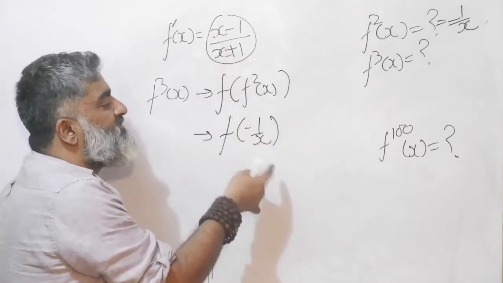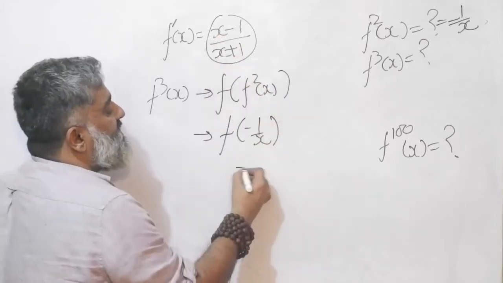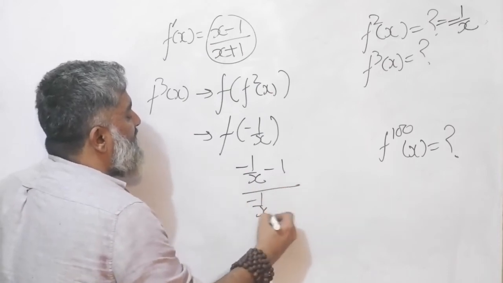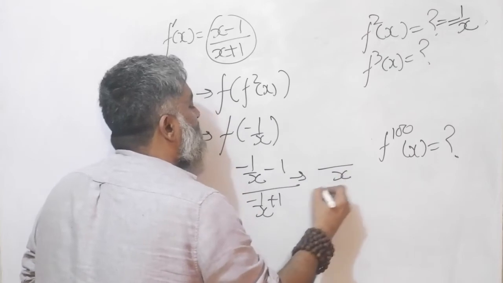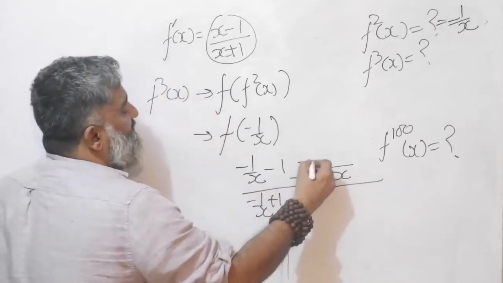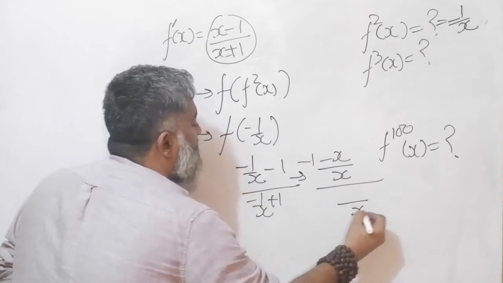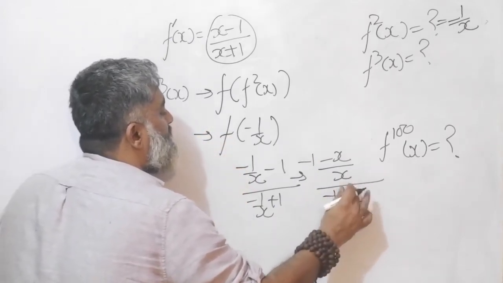So the same thing, but with a minus 1 by x. So I'm putting a minus 1 by x here. Minus 1 by x minus 1 and minus 1 by x plus 1. Figure this story out. The denominator will be x. I will have a minus 1 and a minus x. Again, the denominator would be x, and I would have a minus 1 and a plus x.